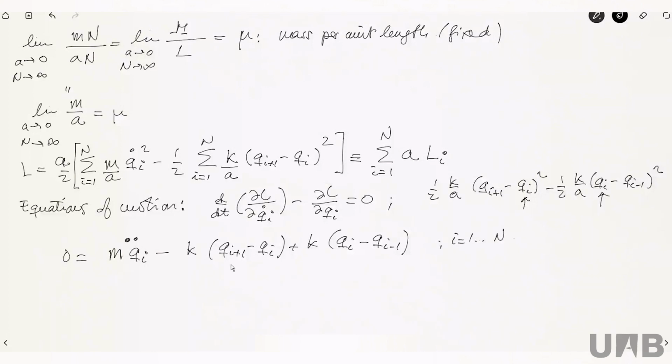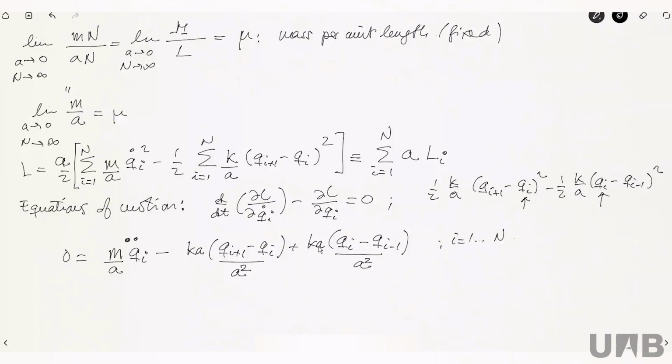Now, I cannot take the limit a goes to 0 here because I have to fix all these parameters. So that means that I'm going to divide the whole equation by a. So I divide by a, and I divide by a again. That's a squared, and multiply by a here. So that's the equation I'm going to look at.